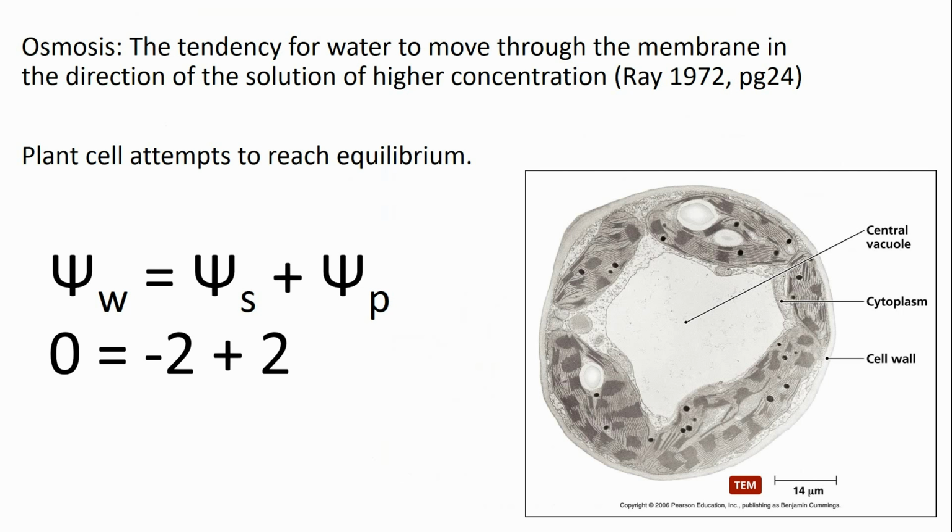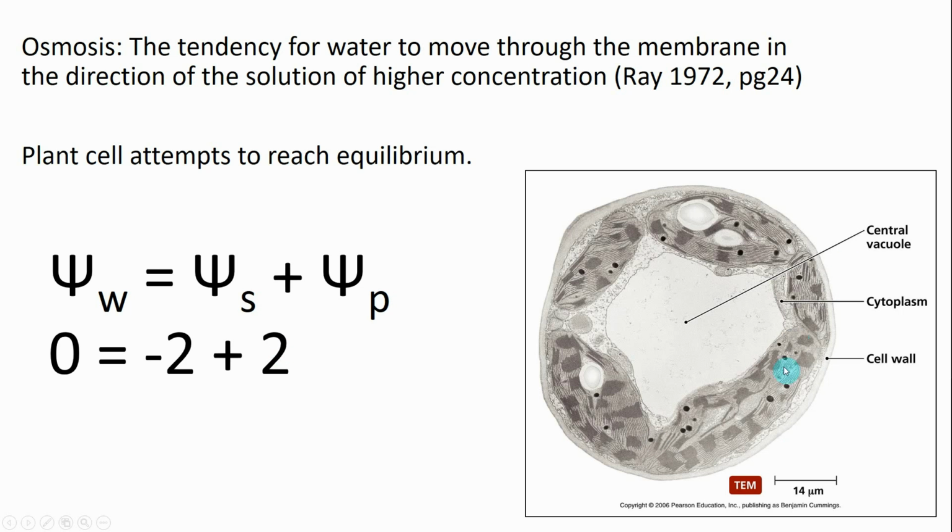So here is a very nice equation: water potential equals solute potential plus pressure potential. Now remember, as water moves into the cell, you're going to have more water coming in, and pressure potential is going to be exerted on the cell walls because water is coming in.